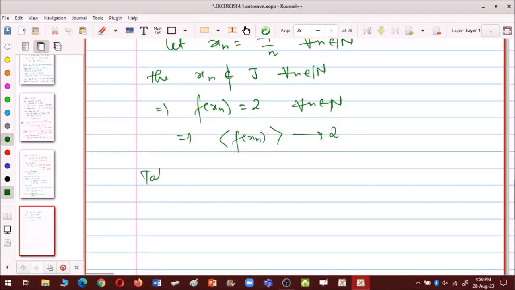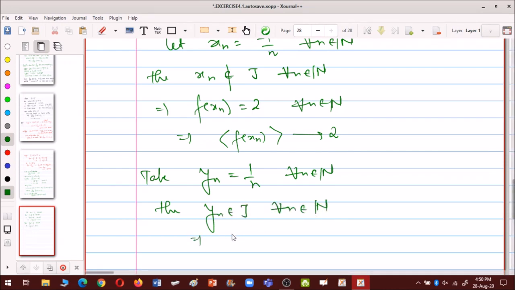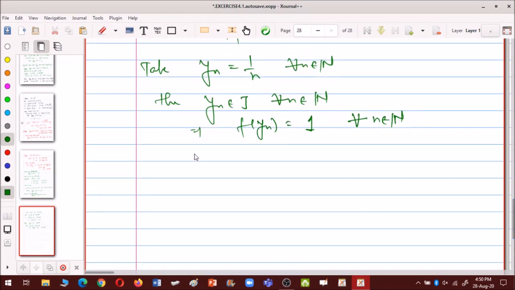Now take y_n equal to 1 by n for all n belonging to N. Then y_n belongs to J for all n, and this implies f(y_n) is equal to 1 for all n, and this implies f(y_n) converges to 1.